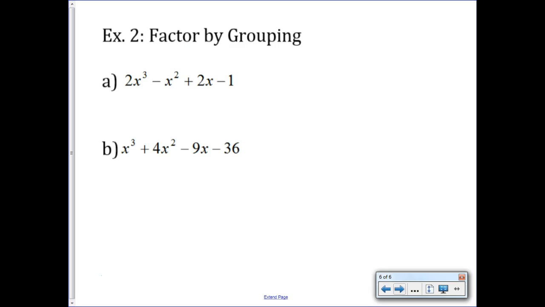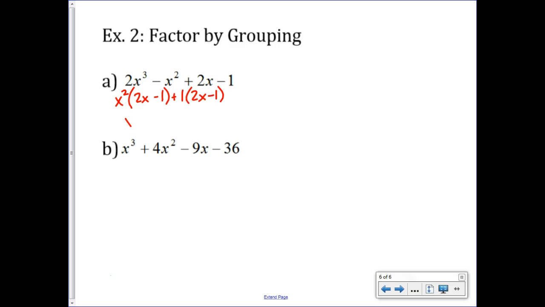So then factoring by grouping is something we talked about before. So we're going to factor by grouping here, looking at the first two and the last two and seeing what we can take out of there and seeing if we can then simplify it down. So if I look at these first two, I can take an x squared out of the front, and then I'm left with 2x minus 1, and then I have nothing that I take out of the second one, and I'm left with 2x minus 1.